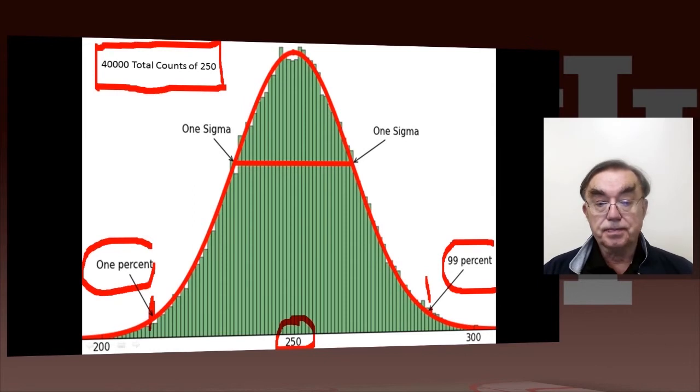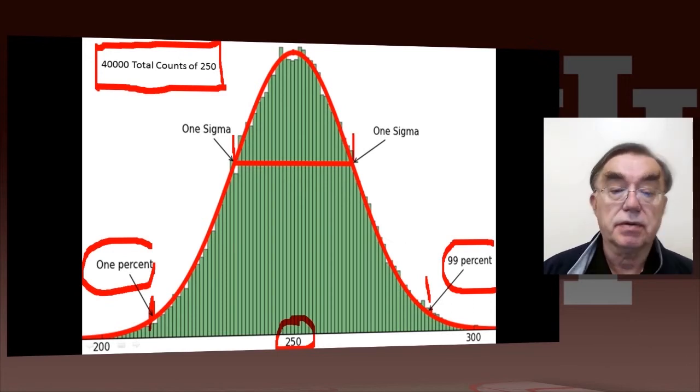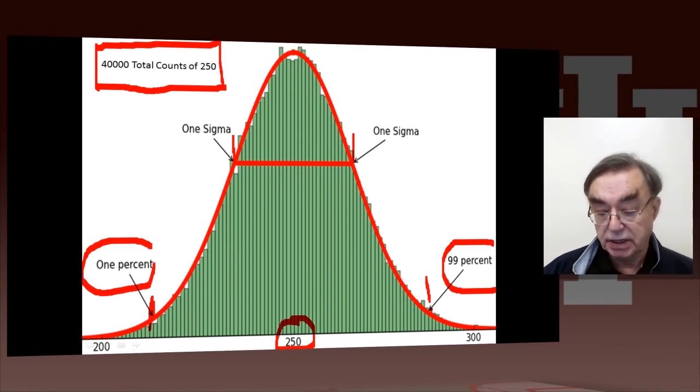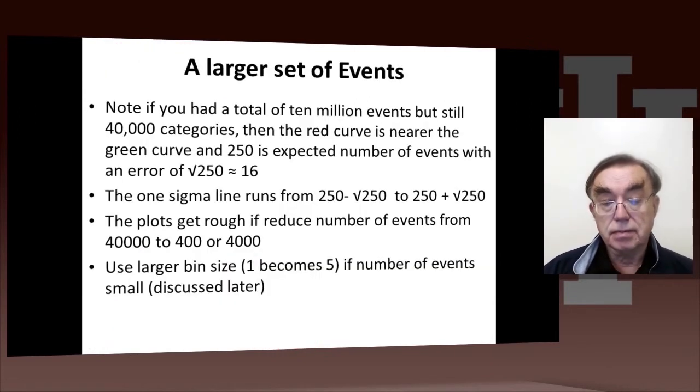And here is 1 sigma from the mean, and here's 1 sigma above the mean. So actually this particular green curve fits the red curve better than the previous case, and we can see that later when we actually plot the error bars. And so this slide goes through what I just said. We have 10 million events, but still 40,000 categories.